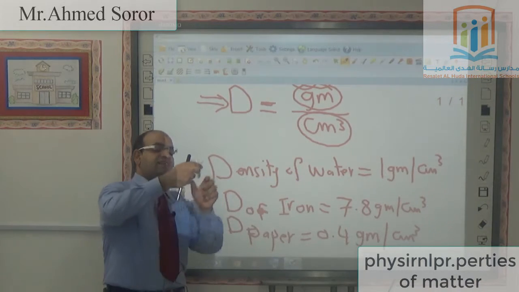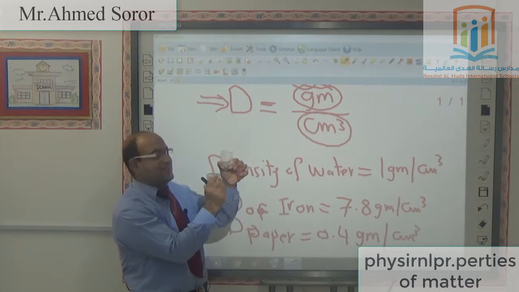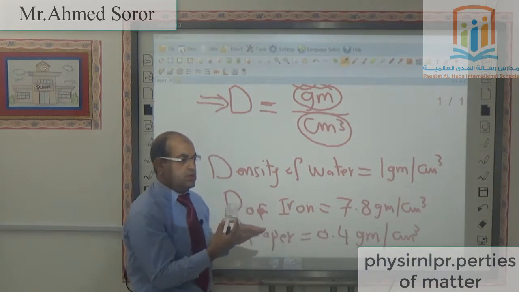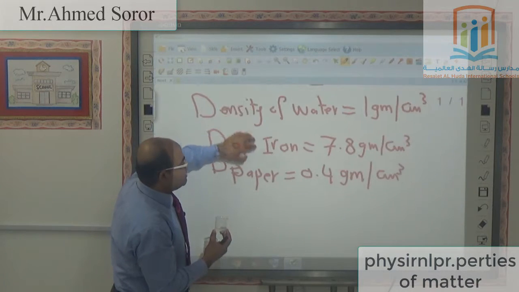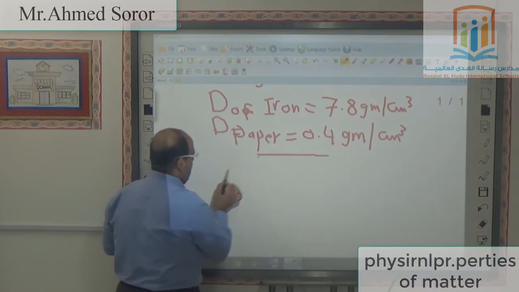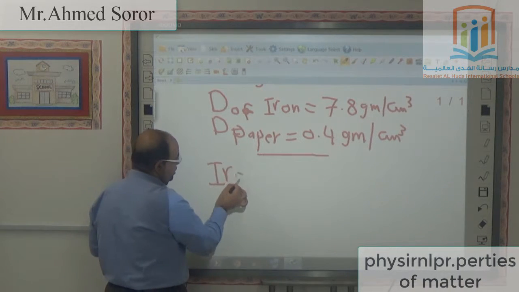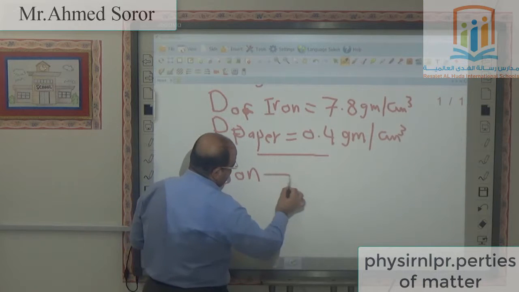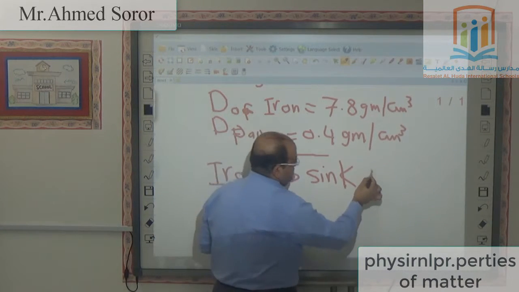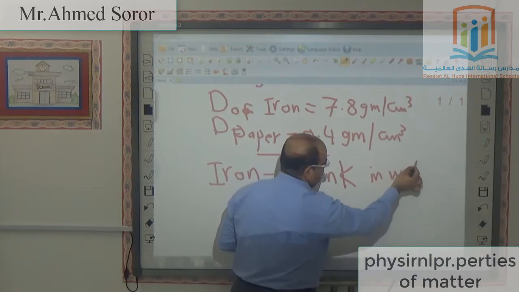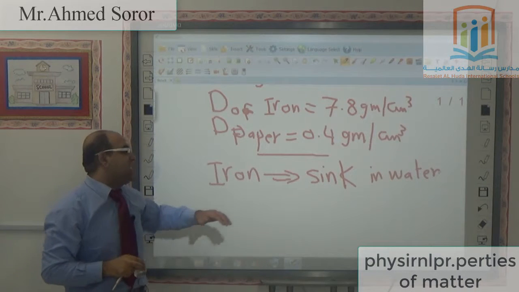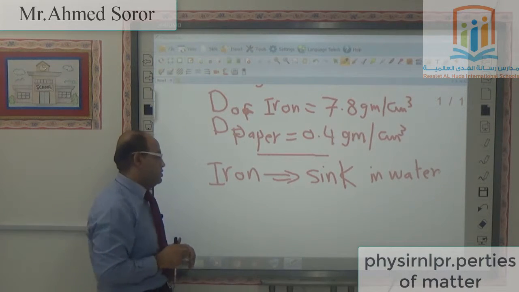And the iron sinks in water because its density is higher than the density of water. So materials which have a density higher than the density of water, such as iron, sink in water, because they have a density higher than that of water.